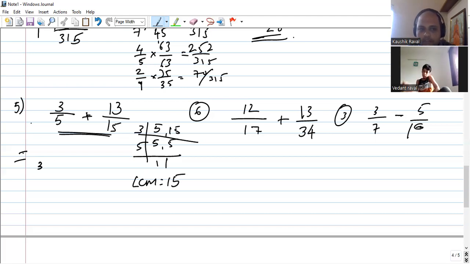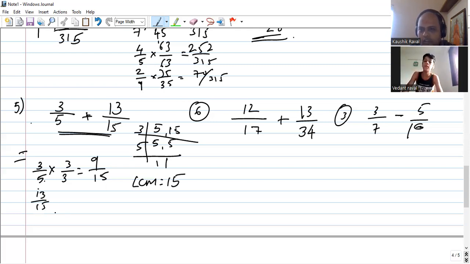So 3 by 5, you have to convert it into 15. What will you do? How many times is 5 in 15? 3. Yes, multiply it by 3. 3 3s, so the numerator is multiplied by 3 and becomes 9. And what about 13 by 15?